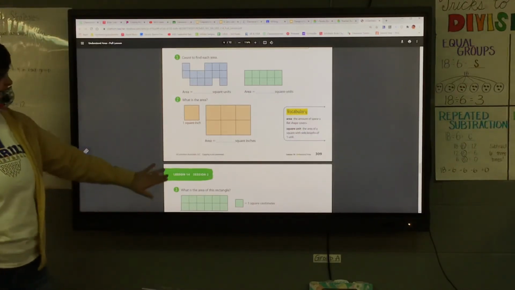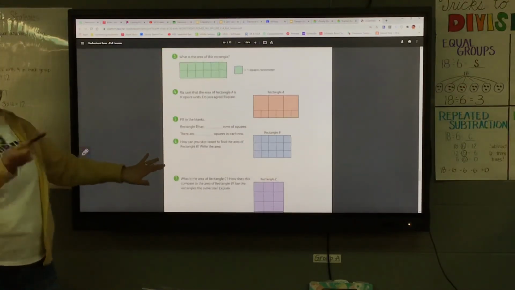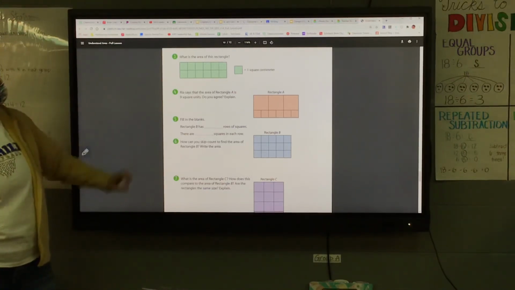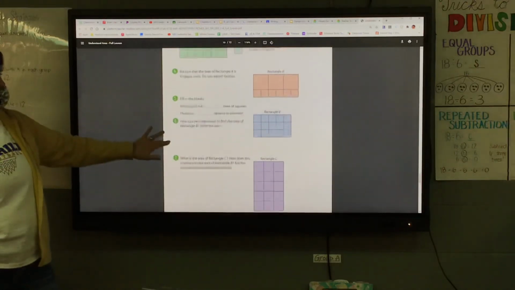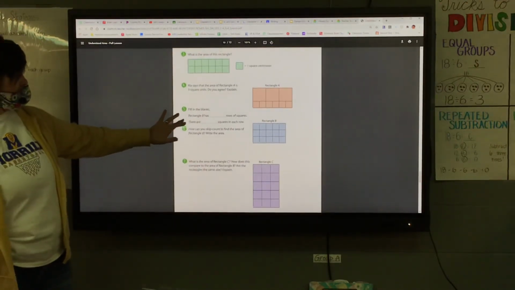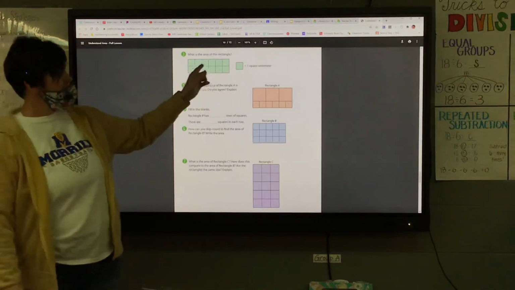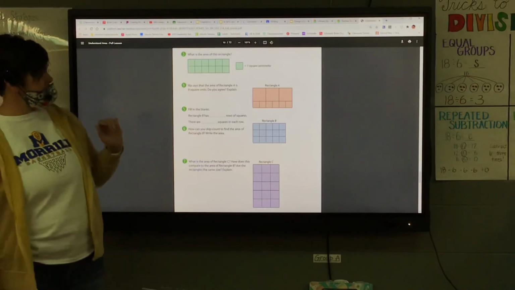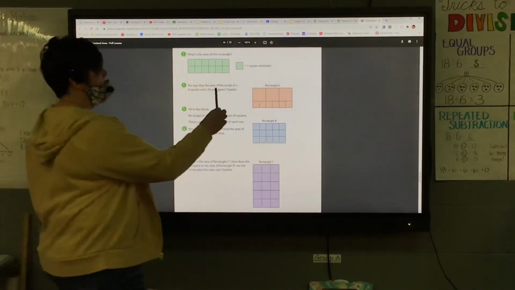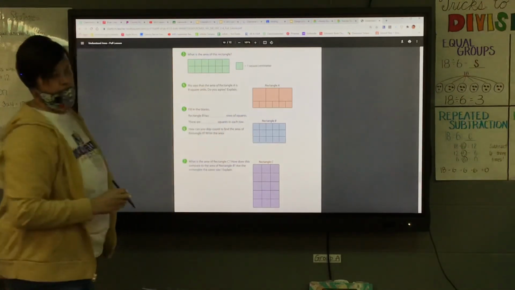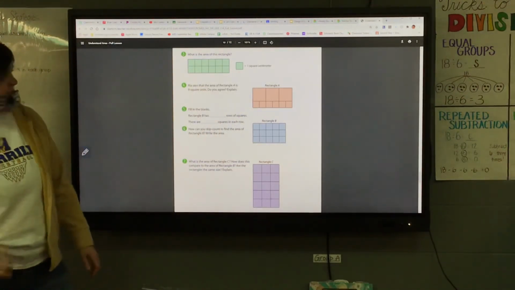Pencil's still down, but you're going to flip your paper over. Now we're looking at 3 through 7. You are finding the area of this rectangle, and why don't you just write it off to the side here? But what do you notice?